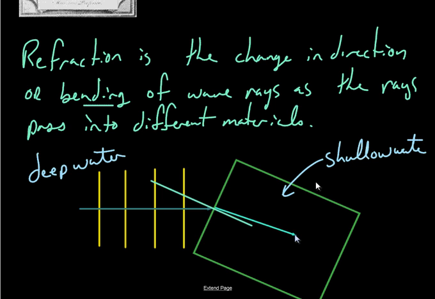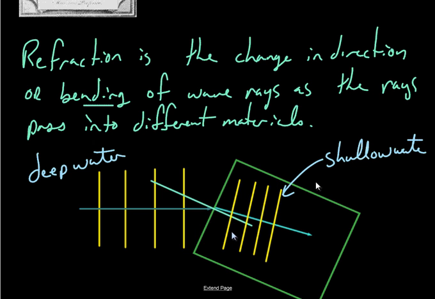So you end up with a smaller wave like that. The wave path will be altered as you travel into the new media, as will the wavelength. The wavelength will change as well.